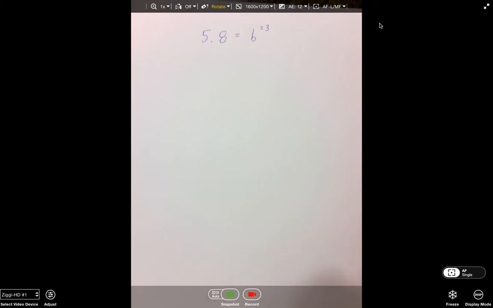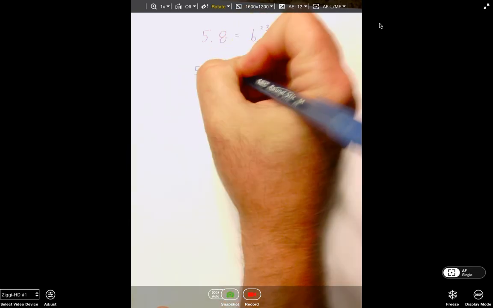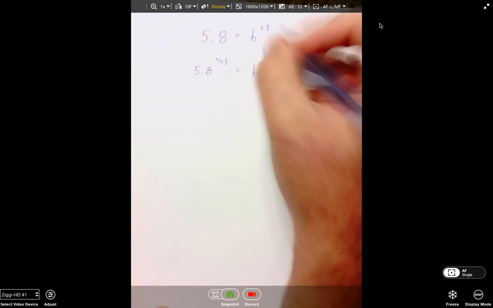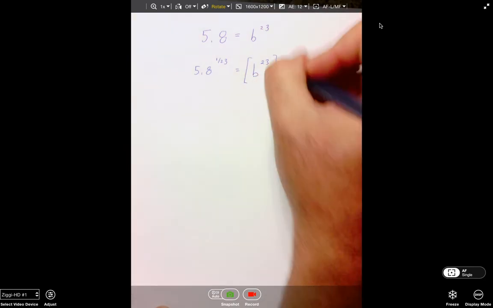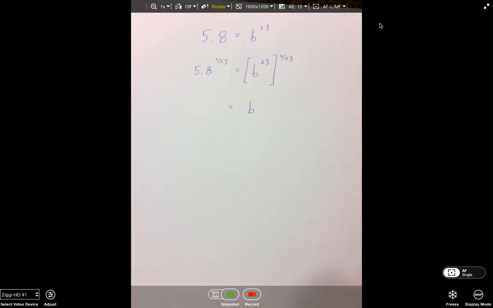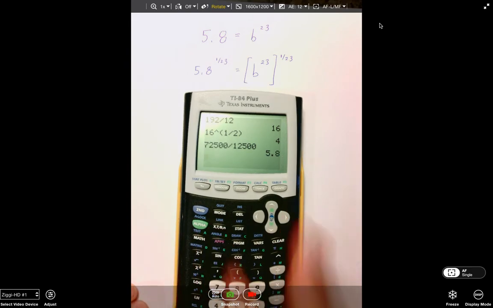Now if I tried to take the square root, it doesn't work, but using the trick that I told you guys, I can see that b is equal to (5.8) raised to the 1 over the 23 power.